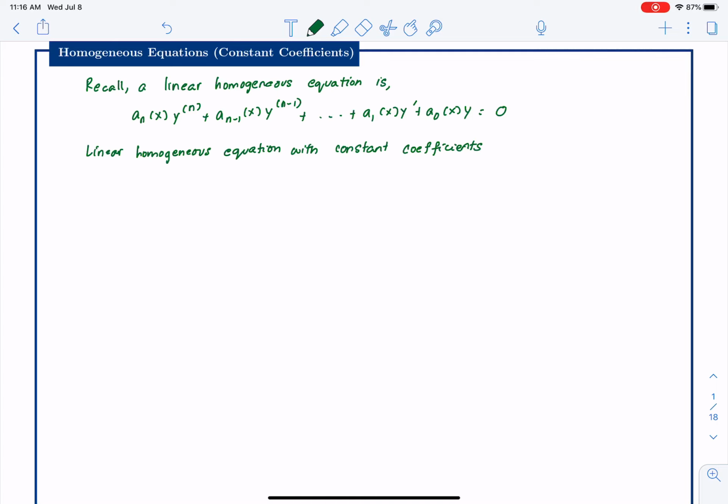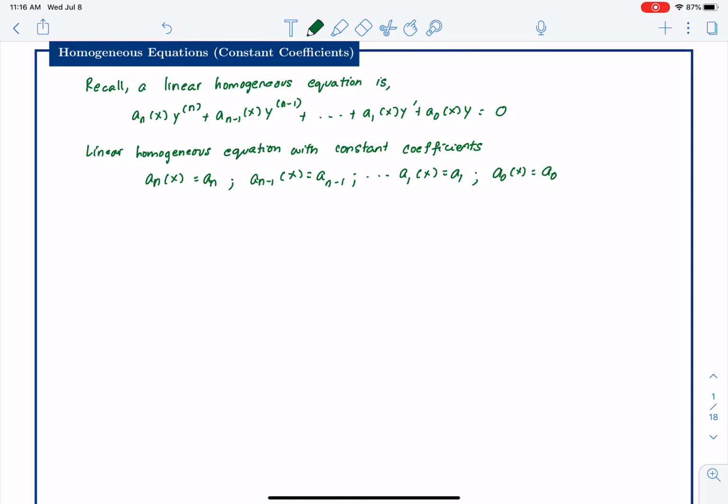Here a_n(x) is a number, let's just say a_n. a_(n-1)(x) is simply a number, a_(n-1). a_1(x) is a number, we'll call it a_1. a_0(x) is also a number, we'll call it a_0.